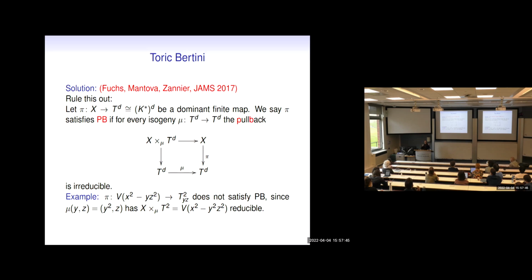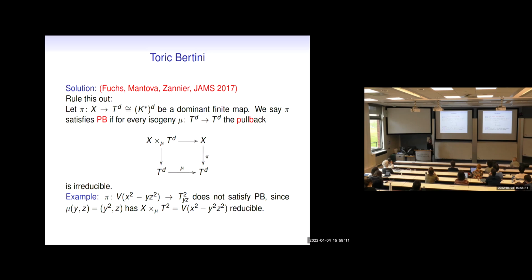So we're thinking something like (T1, T2) goes to (T1 cubed, T2 to the fifth). If you have an isogeny for which the pullback ends up being reducible, then no matter what subtorus I choose down here, when I pull it back, you expect to get two pieces.